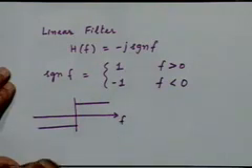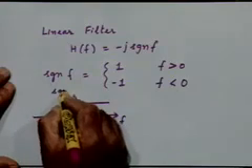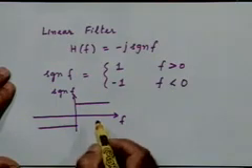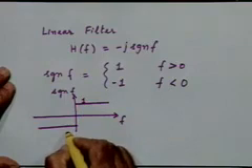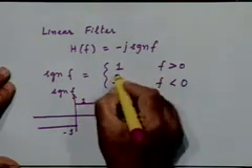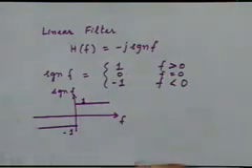If this is the frequency axis or f axis, this is the plot of the signum function of f. It's plus 1 here. Okay, we'll define the value at 0 to be 0 itself, the mean value between the two extreme values.